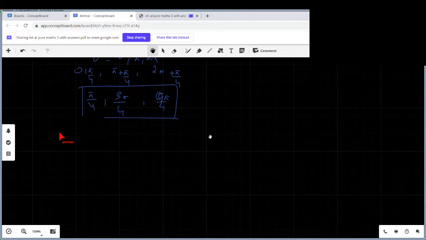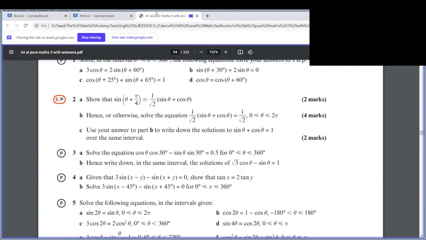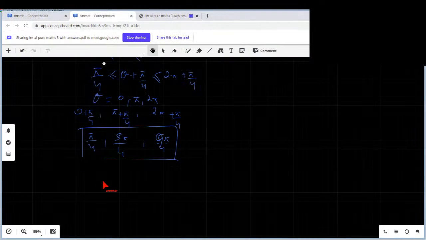Write down the solution to sine A over the same interval. I did it in the first place. Just take root 2 to the other side. It'll be root 2 over root 2, that'll be 1. That'll be cos plus sine.